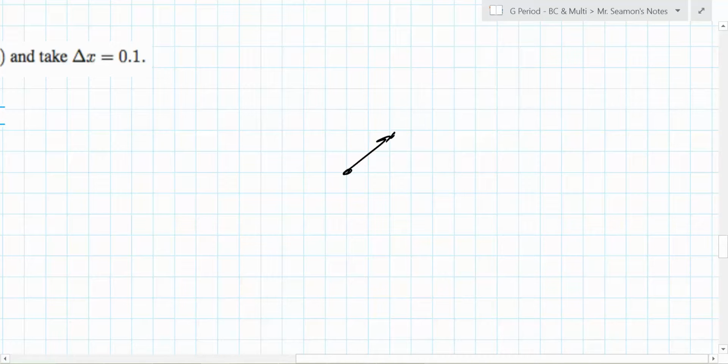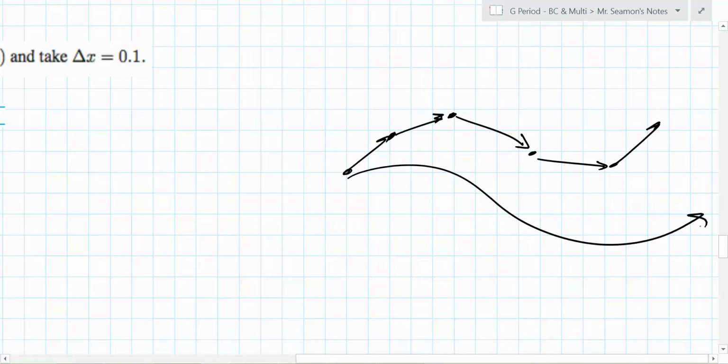Then we get to this point, and we use the differential equation again, and it says, go this way. Then we get to this point, and it says, go this way. So what do we end up with? We end up with a path. The function itself might look like this, but we have an approximation based on successive estimates.